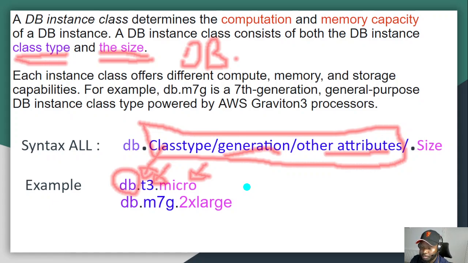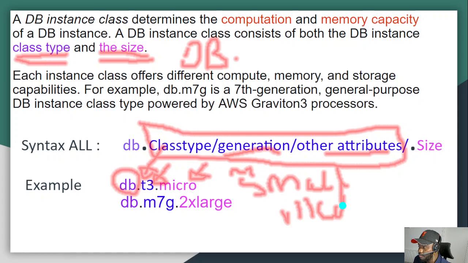Micro is the smallest size of the T3 instance class.